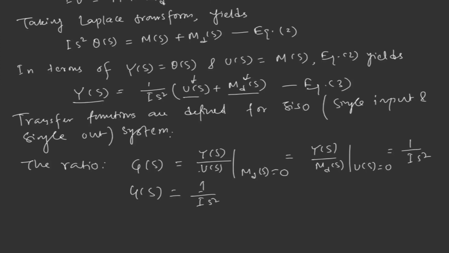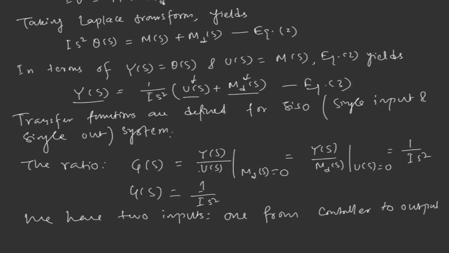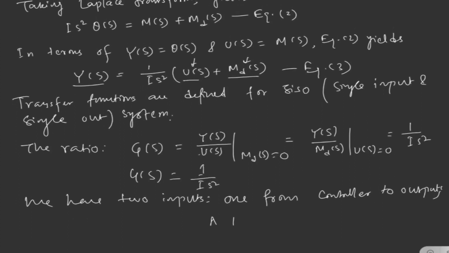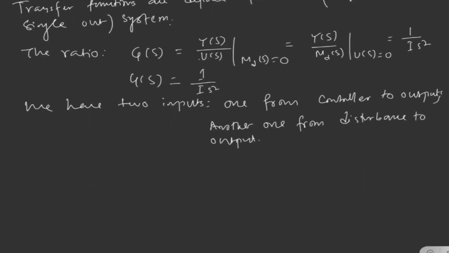So we have two inputs, one from the controller to the output, and another from the disturbance to the output.